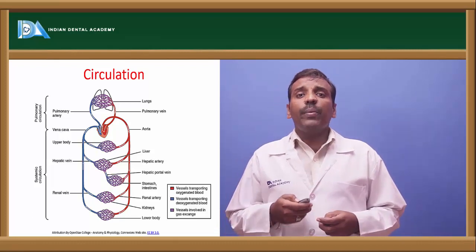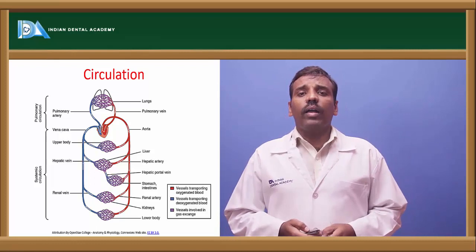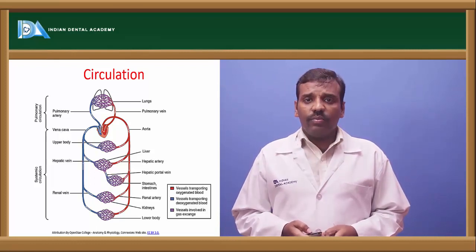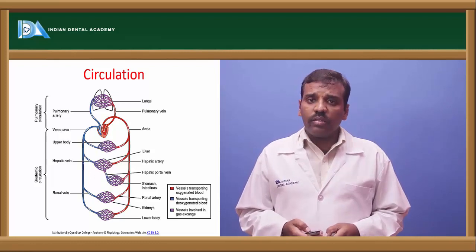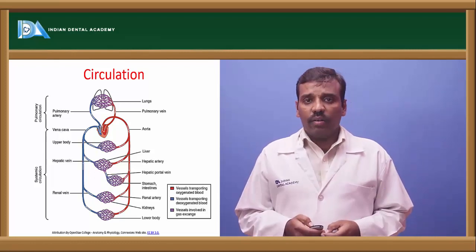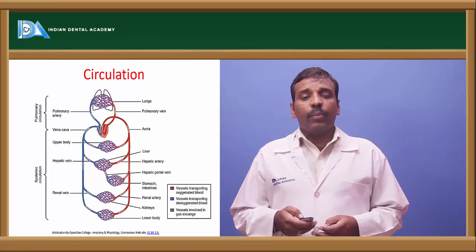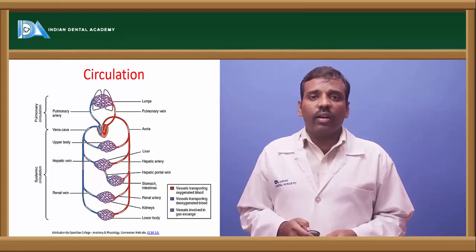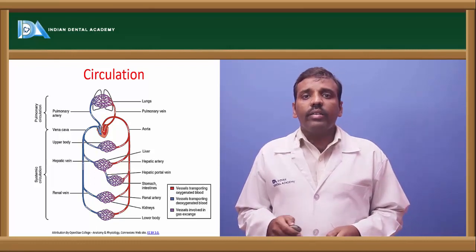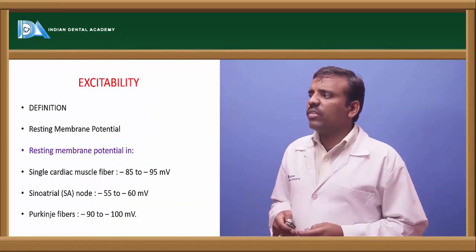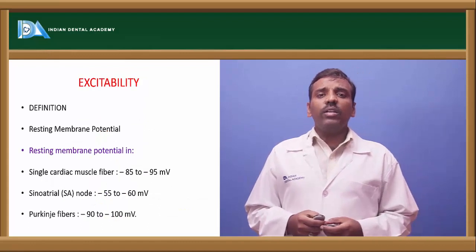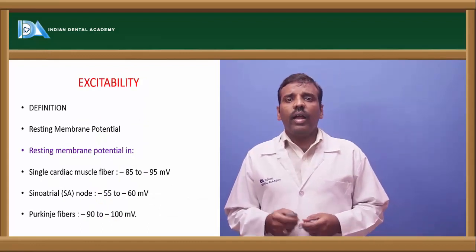If it is below the level of the heart, that is called the inferior vena cava, and if it is above the level of the heart, that is called the superior vena cava. Above the level of the heart, superior vena cava, and below the level of the heart, inferior vena cava.